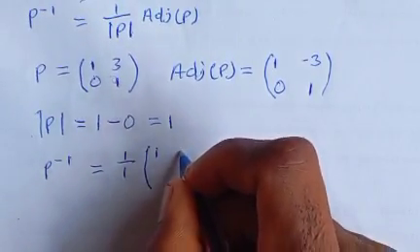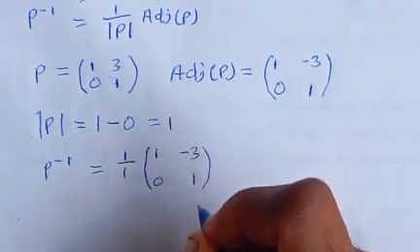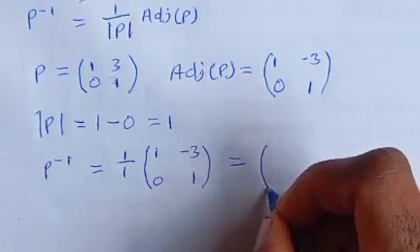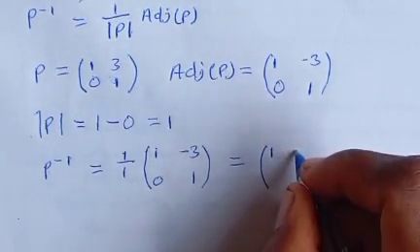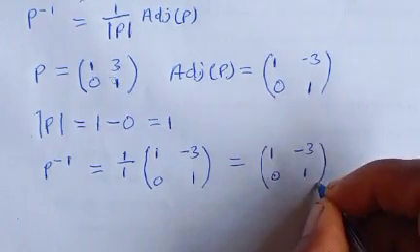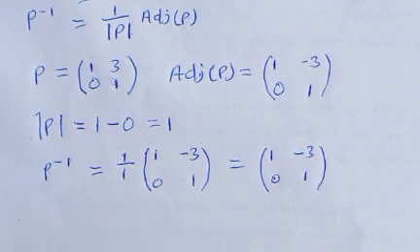This is 1 minus 3 0 1, which is equal to 1 over 1 times this, which is simply 1 minus 3 0 1. That's the answer.